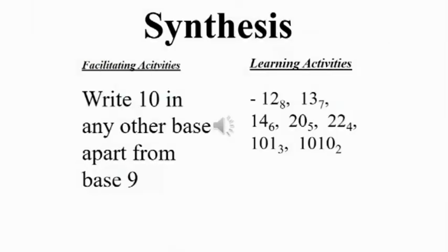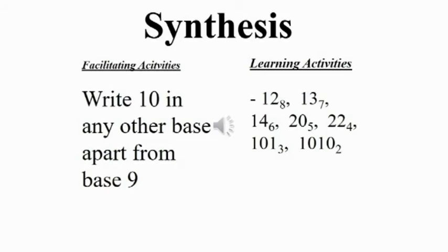After having summarized or generalized what they have learned at research, we move to the next stage, which is synthesis. At synthesis, the teacher now asks a question where the pupils will move from particular situations to general situations.